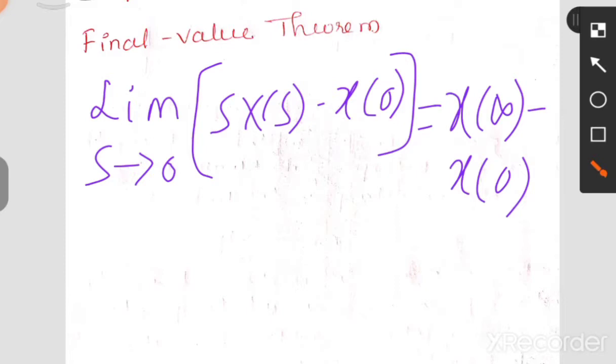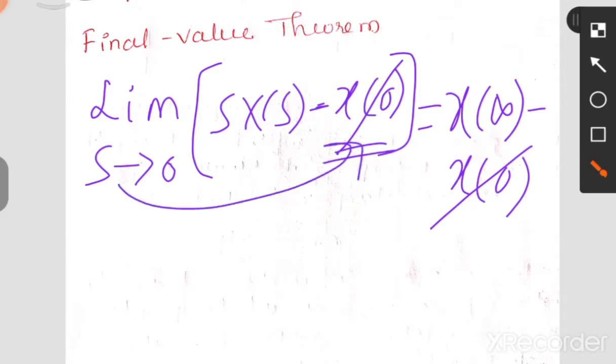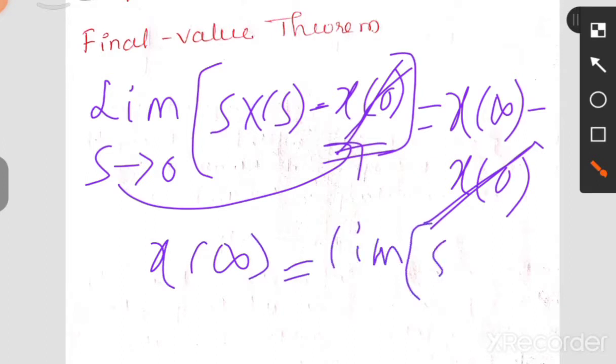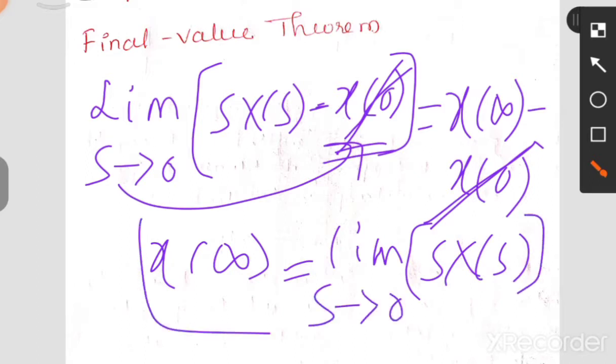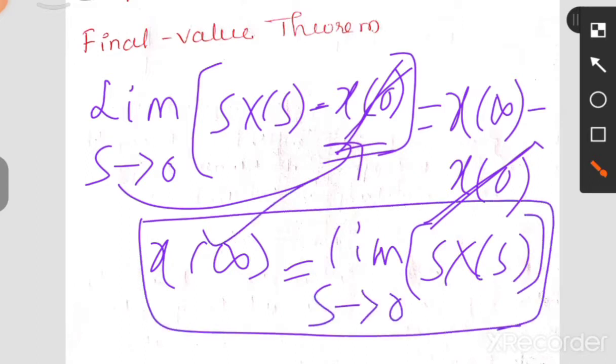Now x of 0 is independent, there is no s, so here there is no need of substituting s equal to 0. So minus x of 0 and minus x of 0 get cancelled. Therefore x of infinity will be equal to the limit of s into x of s where s tends to 0. So you can find the final value by substituting s is equal to 0.